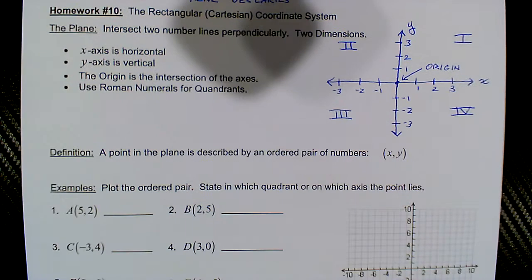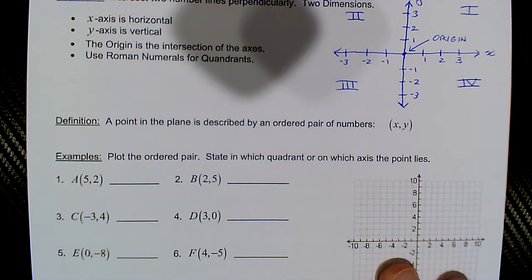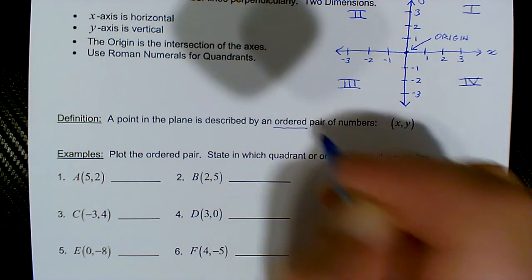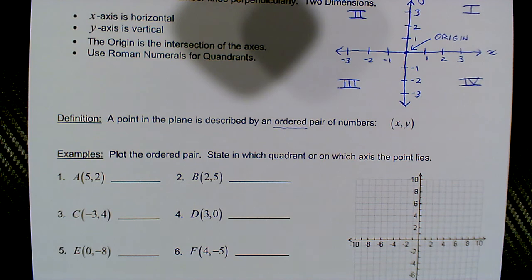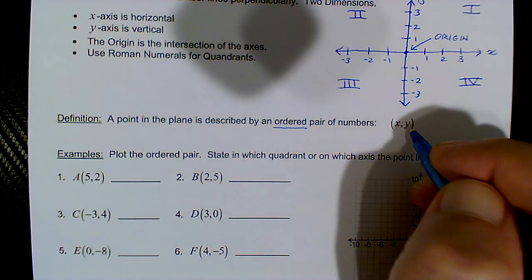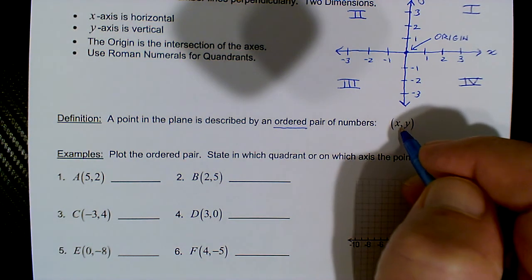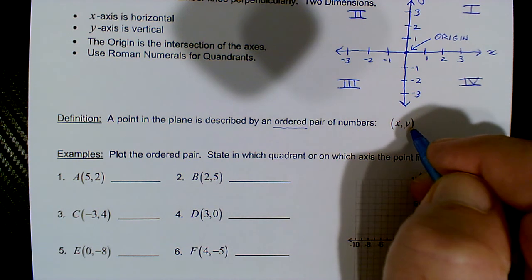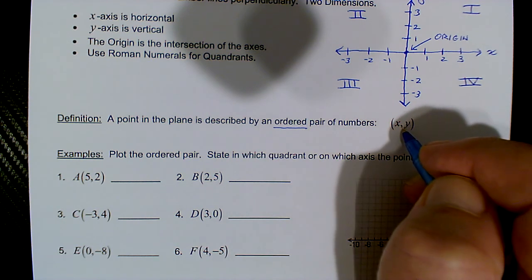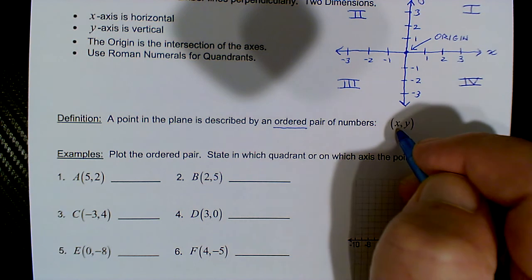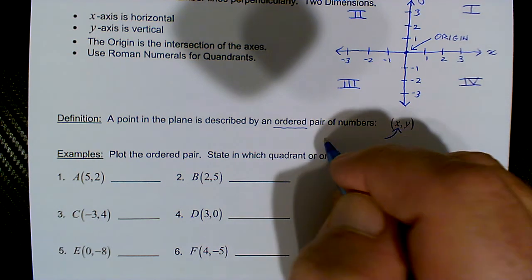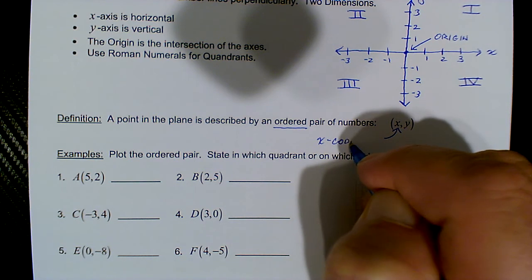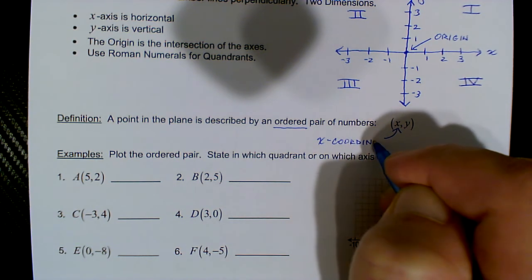Now we define a point in the plane as an ordered pair of real numbers, and we'll see momentarily that order does make a difference. The notation has to be used where we enclose the x value and the y value separated by comma in parentheses, and the x value is considered the x coordinate.